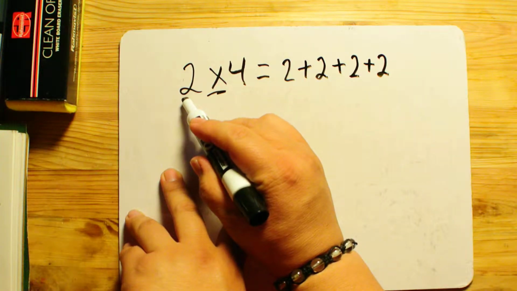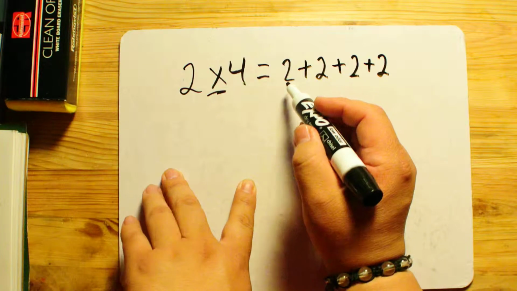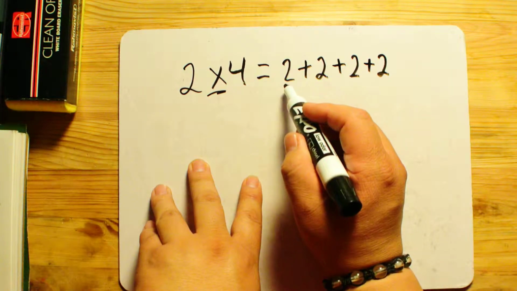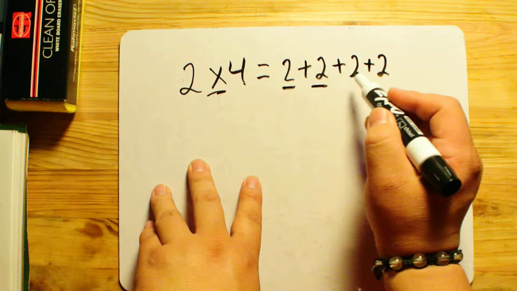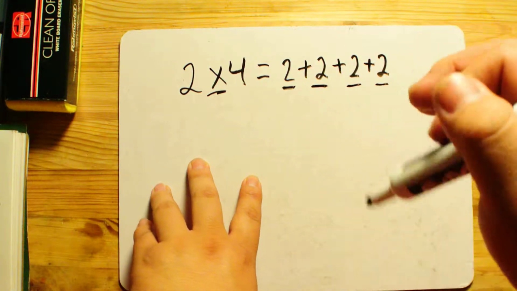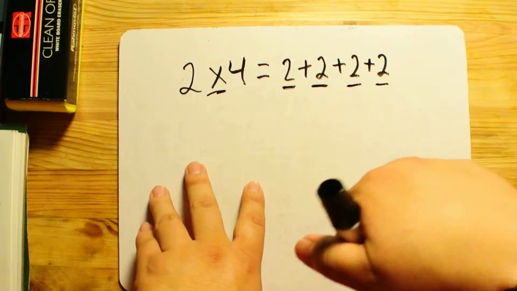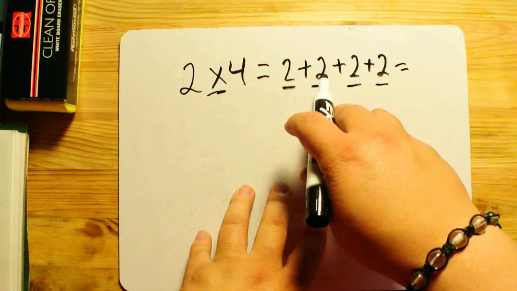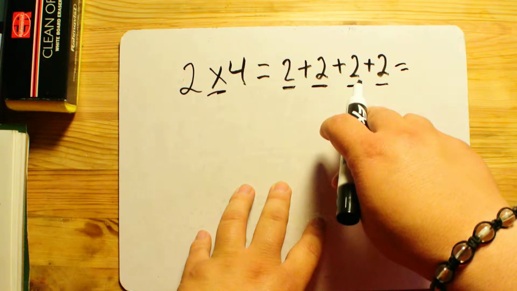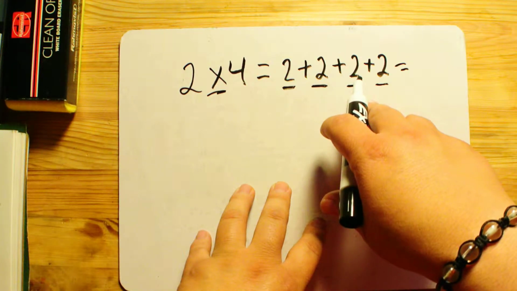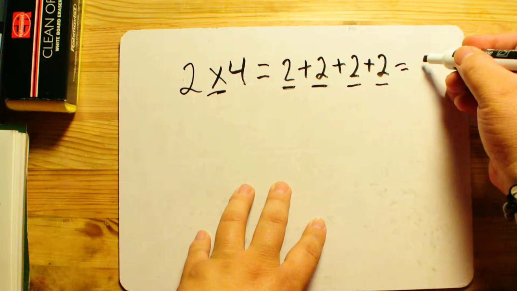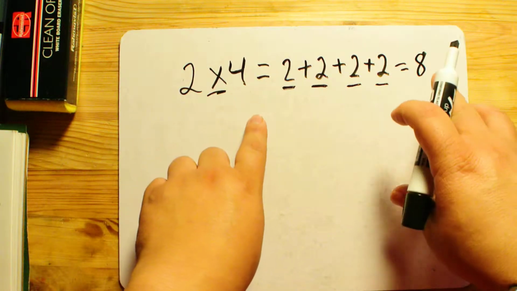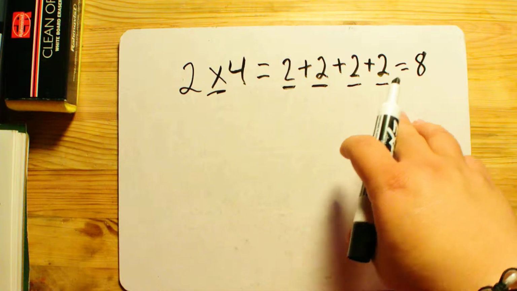So it's saying that 2 is added to itself, so there are 4 2's that you're adding together. Let's do it. 2 plus 2 is 4, and 4 plus 2 is 6, and 6 plus 2 is 8. So 2 times 4 is 8.